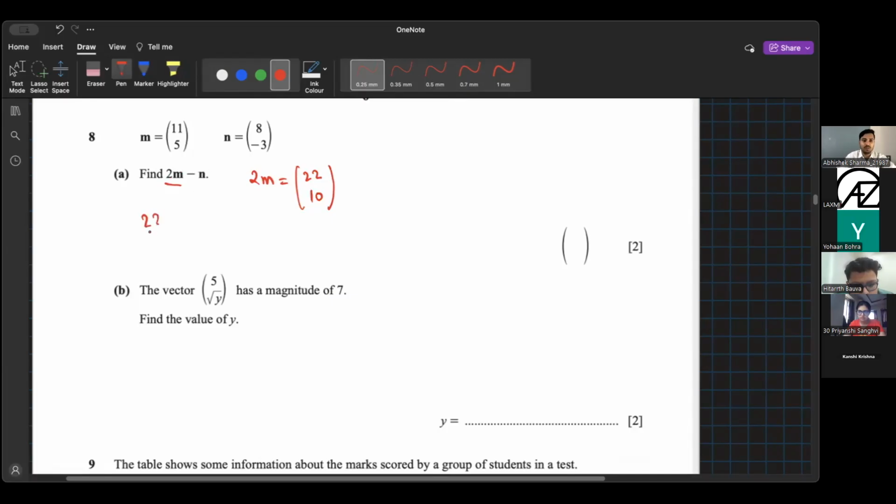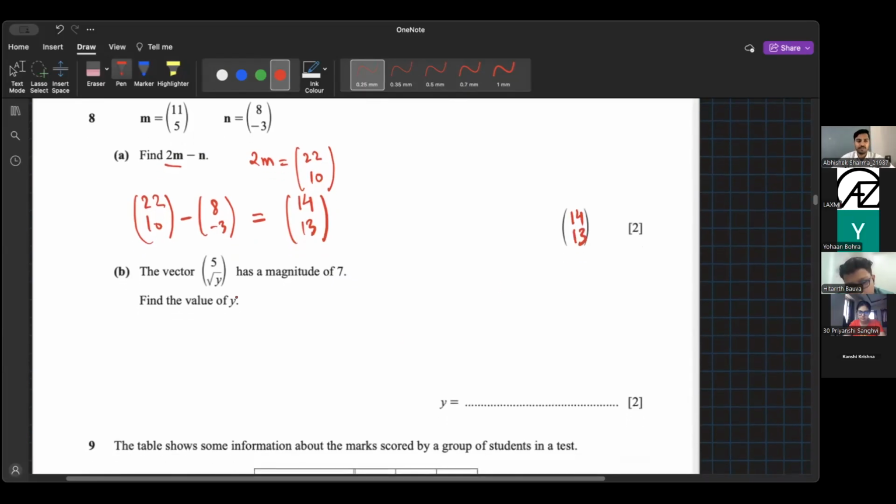Now we can do (22, 10) minus (8, -3). That is going to be 22 minus 8, how much? 14. 10 minus minus 3 will be 13. Perfect. So (14, 13) is the answer.